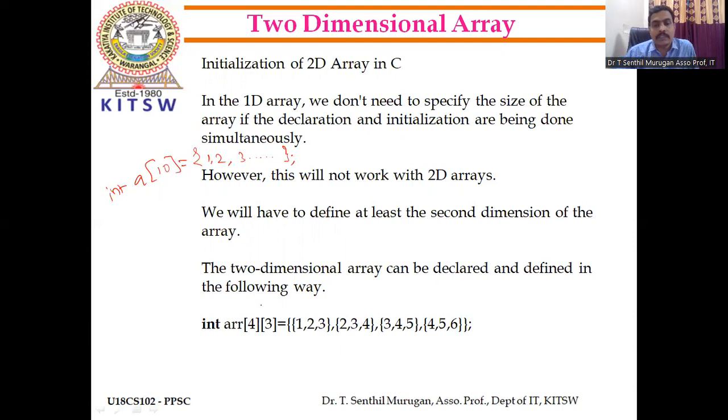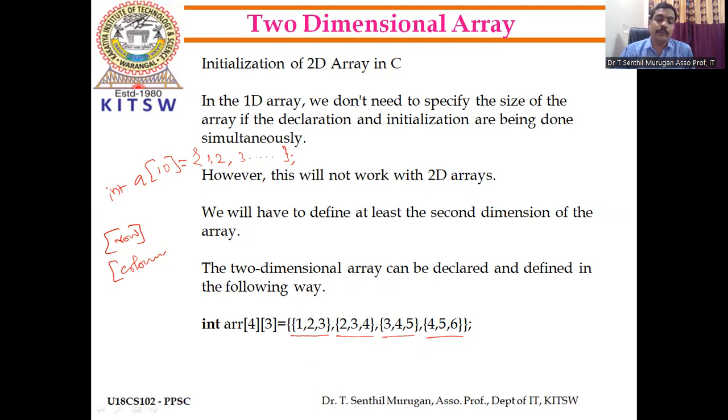But in a two-dimensional array, the first index represents the row and the second represents the column. However many rows there are, that many brackets we use: first row, second row, third row, fourth row. Each row has 3 columns, so each row should have 3 values. You can initialize the values like that.